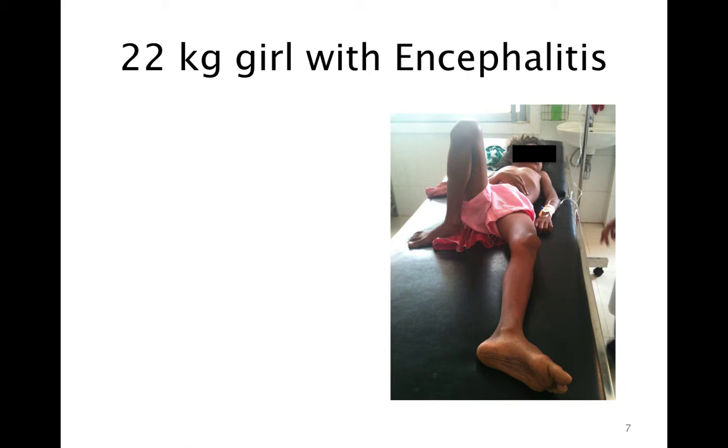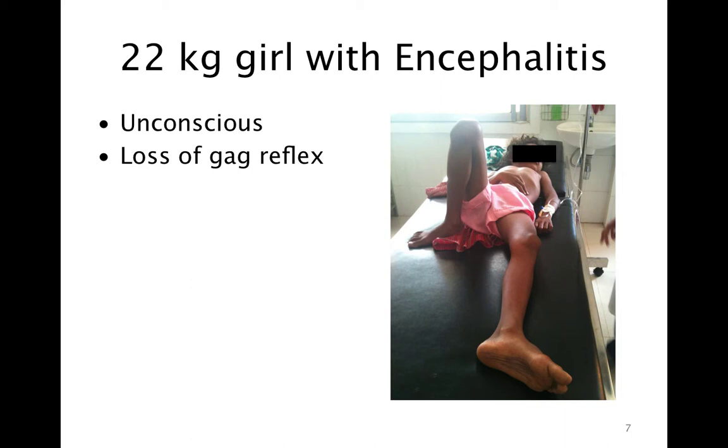A 33-year-old is admitted to the ward with Japanese encephalitis and is unconscious with loss of gag reflex. Her GCS is 7. She weighs 22 kg.